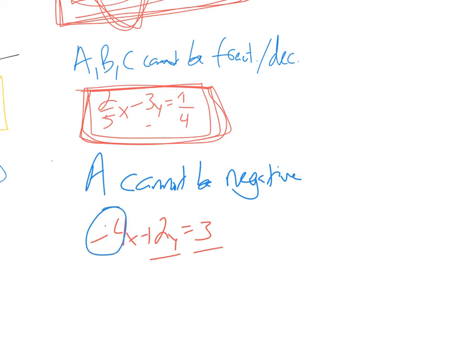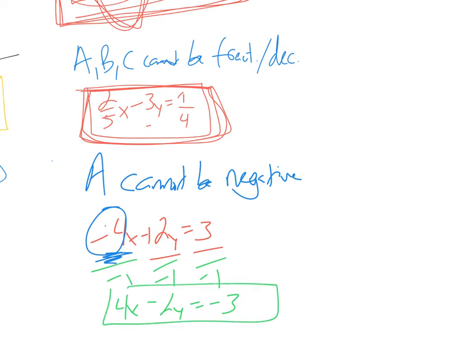In this case, negative 4 is the a value. A is negative, so that breaks the rules. We'd have to divide everything by -1. And again, that stuff we'll talk about more later in the week, but we divide everything by -1, so it becomes 4x minus 2y equals -3. Now it's in standard form because the a term is not negative anymore.